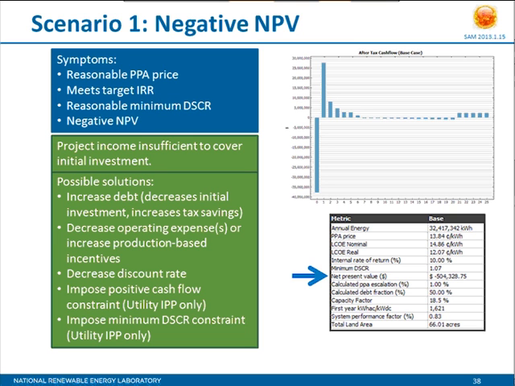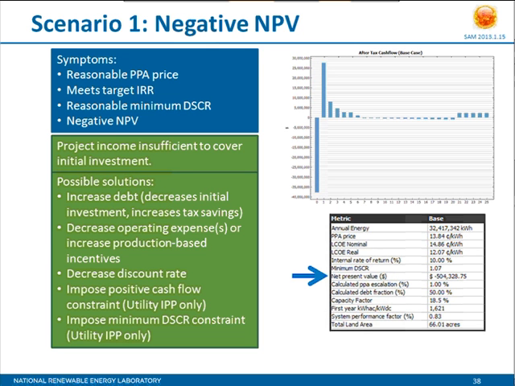So let's look at one common one, which is a negative net present value. And just to reiterate, the net present value, of course, depends on the discount rate that you specify. We're assuming that it's representing the value of an alternative investment, and that you're trying to achieve a positive net present value for that discount rate.